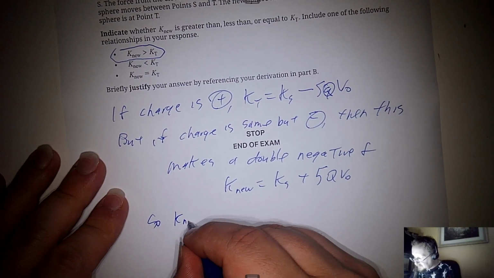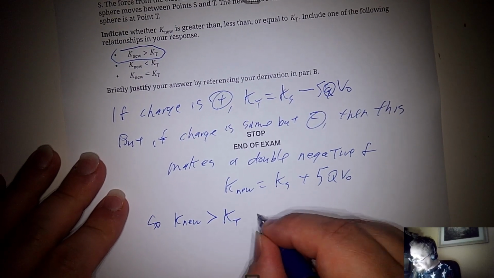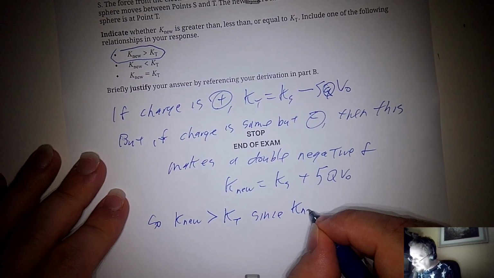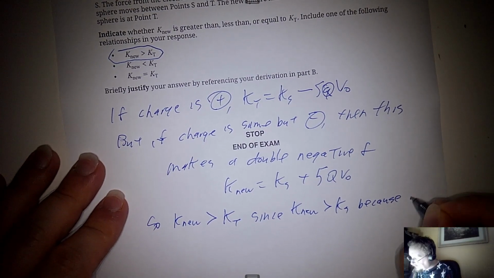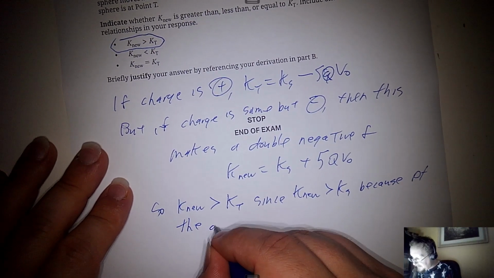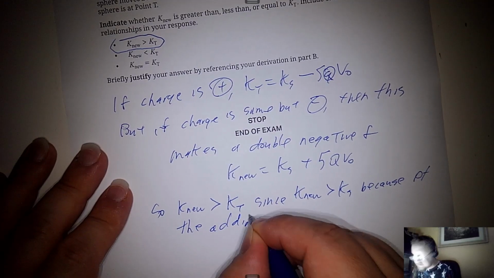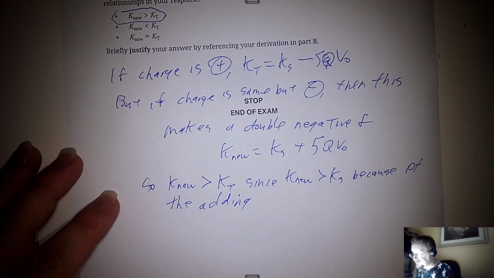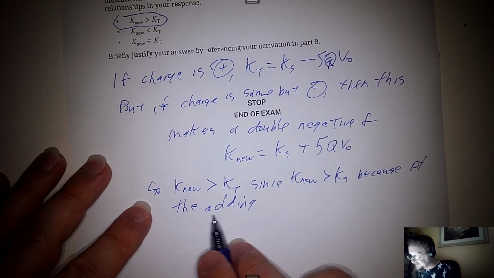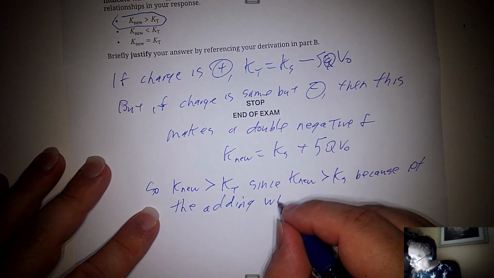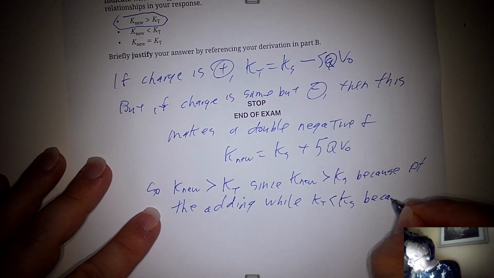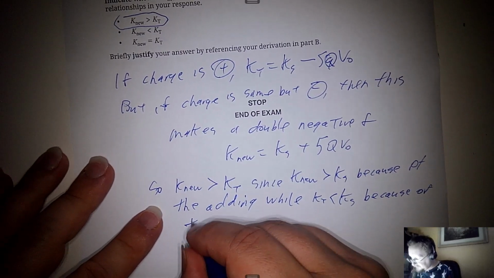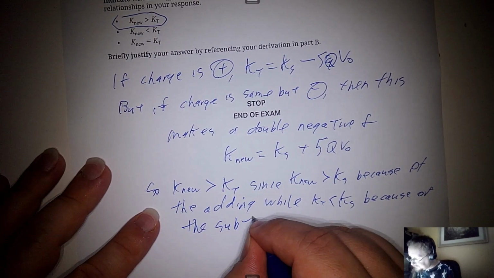So K nu must be greater than KT, since K nu is greater than KS because of the adding, while KT is less than KS because of the subtracting. I don't want to just say one short sentence, even though this question is easy, because I want to get every single point.